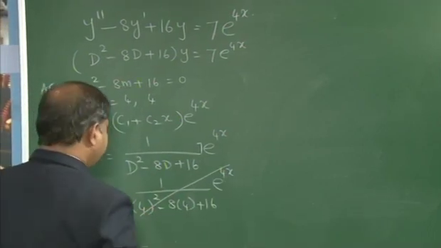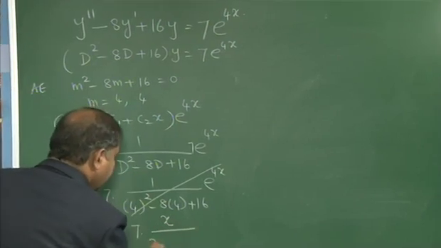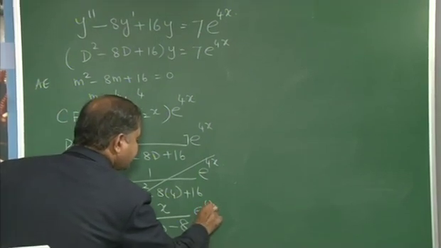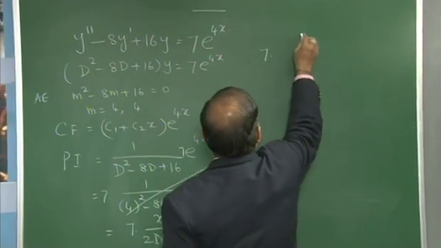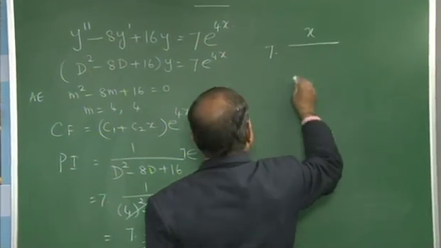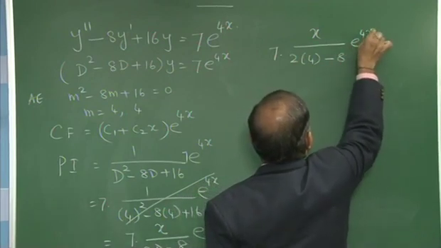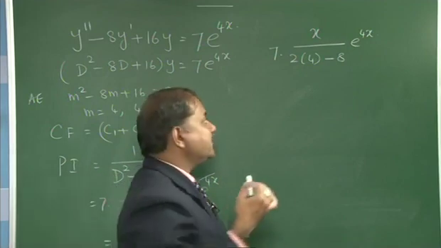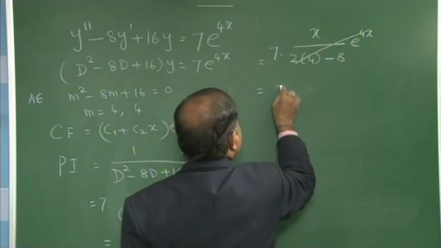Leave it, multiply by x in the numerator, and differentiate the denominator: 2D minus 8. Again replace D by 4: 2 into 4 minus 8, 4 twos are 8, 8 minus 8 is 0. Again it is getting cancelled, don't consider it.